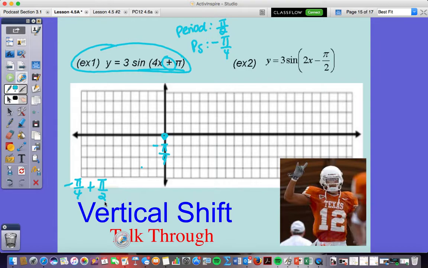If I'm driving 10 miles, it depends on where I'm starting, right? Same thing, pi over 2 is how far I've traveled, but it depends on where I start. So if pi over 2 is the distance I travel and I start at negative pi over 4, I'm traveling pi over 2 from negative pi over 4.